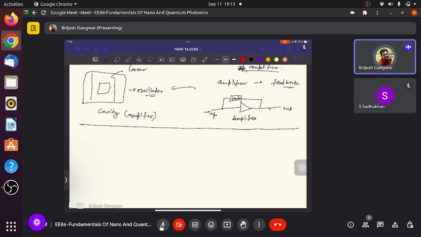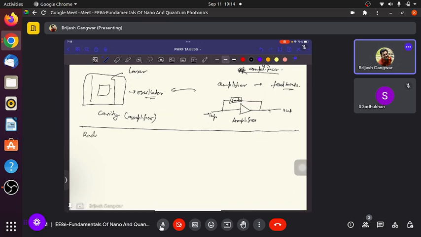these are all about lasers. One other concept we can discuss is radiative absorption and emission. As I told you, the oscillation happens in the cavity.